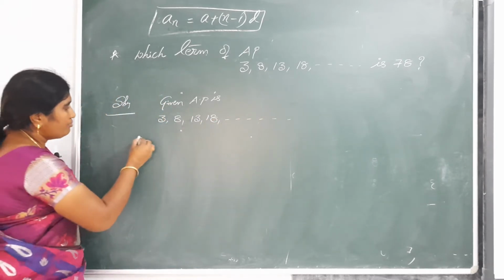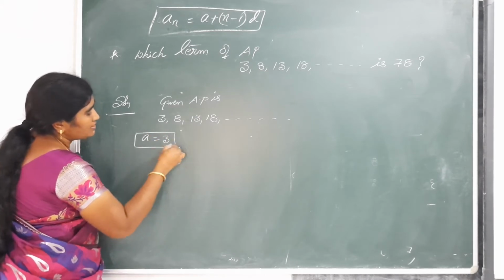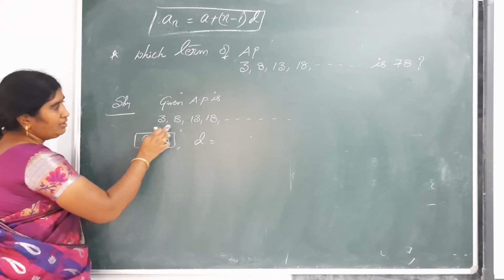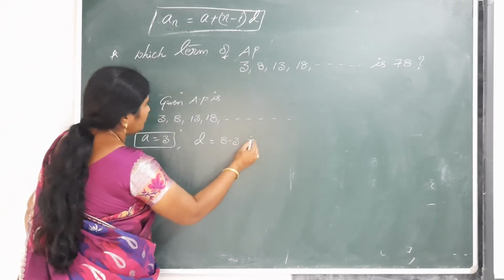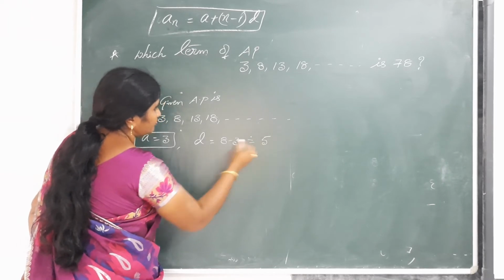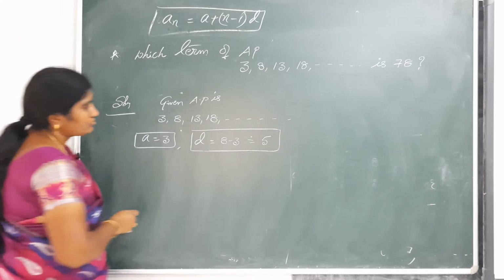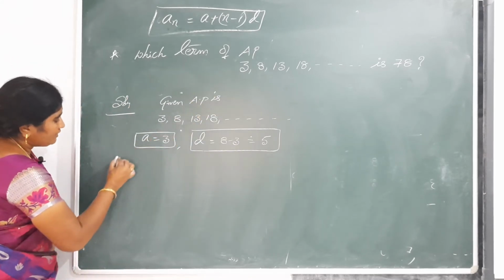The first term A equal to 3. Next, common difference D equal to A2 minus A1, 8 minus 3, that equals 5.